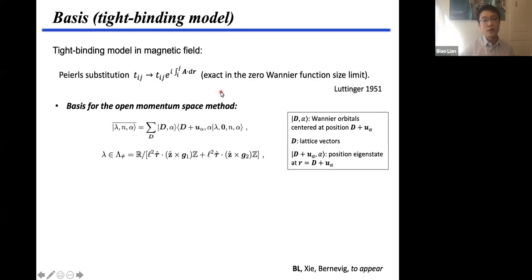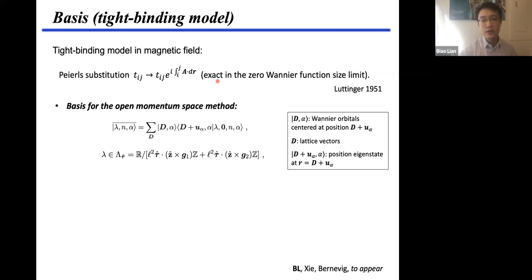Similarly, we could prove the basis for tight-binding models. For tight-binding models, the model in magnetic field is given by the Peierls substitution, where the hoppings are multiplied by the gauge phase given by the gauge field from site i to j.